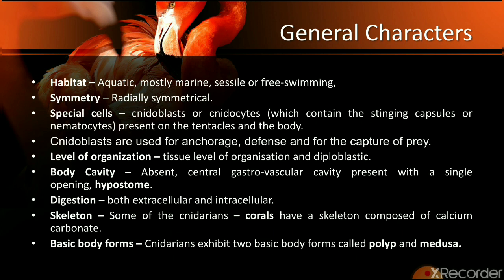They are diploblastic. It means they contain two germ layers, that is ectoderm and endoderm. A true body cavity is absent, hence they are considered acoelomate. But a central gastrovascular cavity is present with a single opening known as the hypostome.